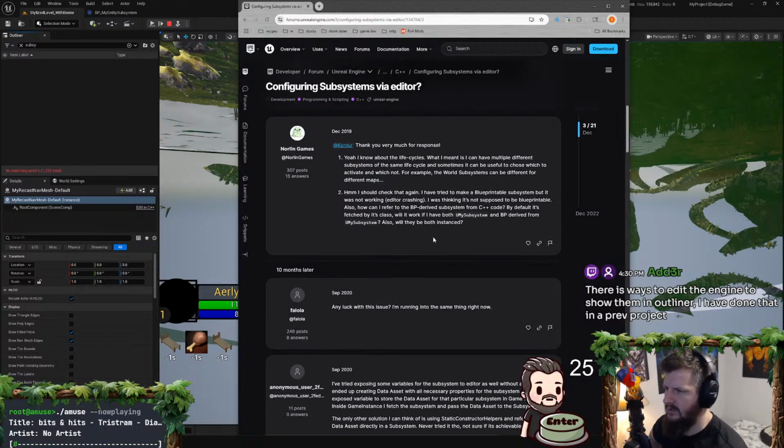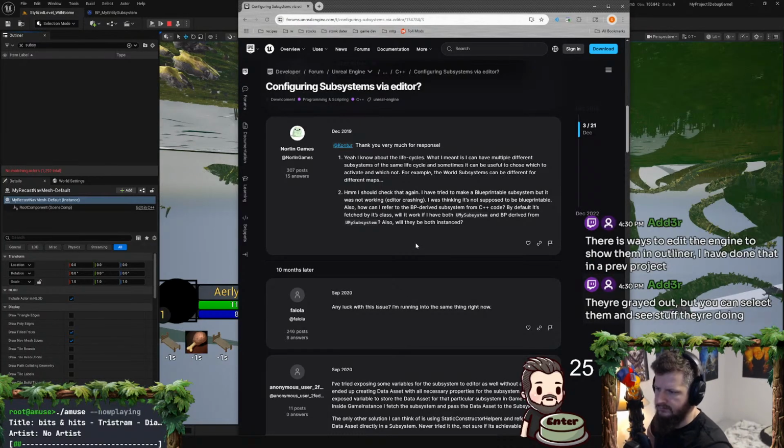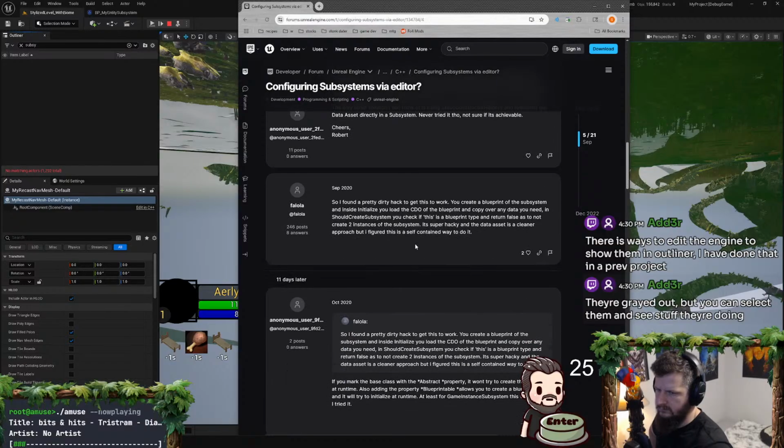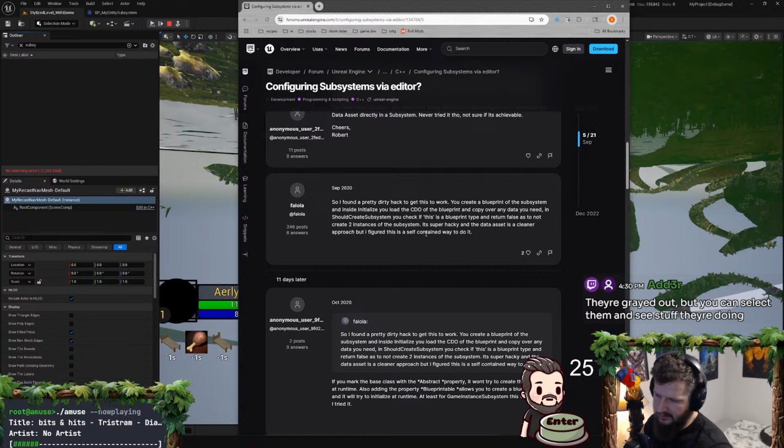I guess I could just put those settings on an actor, but that's super annoying. You have done that in the previous project. They're grayed out, so you can't update them at runtime.